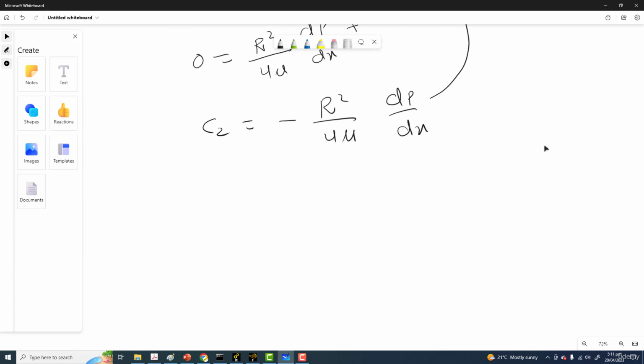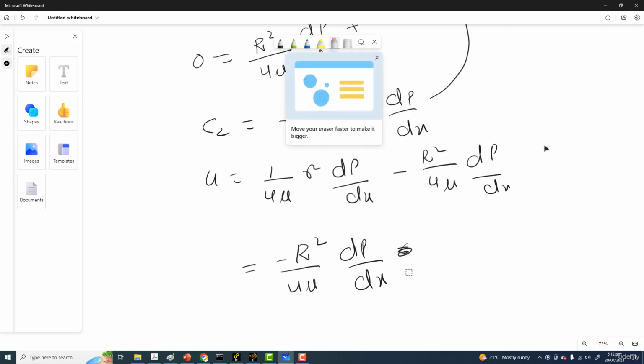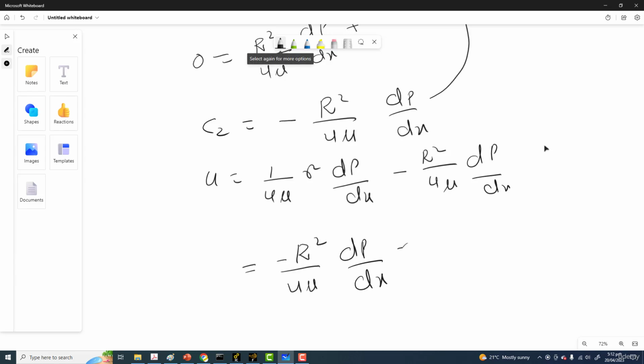So you put these two constants into the equation and you get u is equal to 1 upon 4 mu r square dp/dx minus R square upon 4 mu dp/dx. This is C2, that's why there is no other variable over here. If I take out the minus 1 upon 4 mu and R square common, and dp/dx also common, the positive term becomes negative and goes in the second part of the bracket.